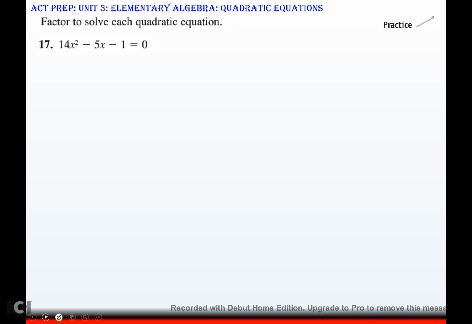Alright, so if we look at this one, we're going to have to do A times C and find all the factors. So 14 times 1 is 14. Factors of 14 are 1 and 14, 2 and 7, and that's it. And 2 and 7 will make 5, so rewrite B using 2x and 7x.